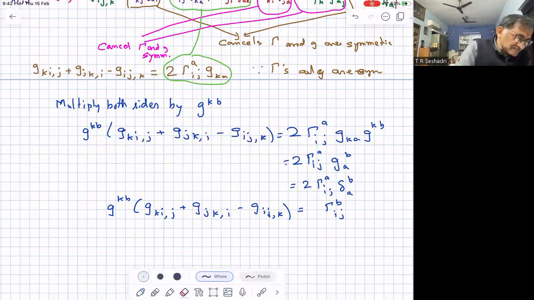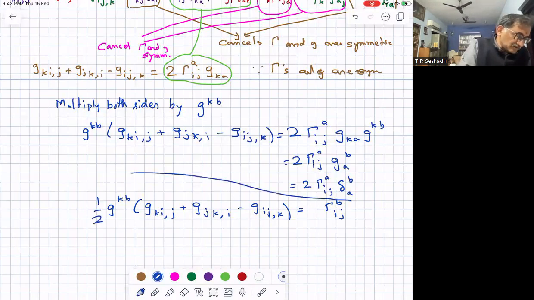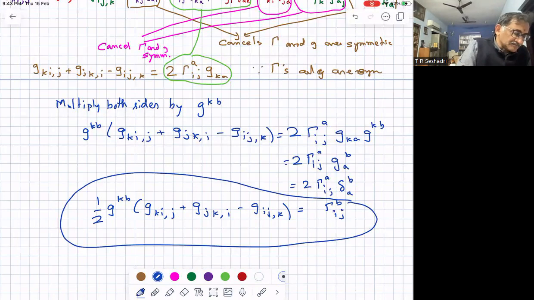And I will just take this half and I'll go here. I have now got a formal expression for Gamma in terms of the metric tensor. Is it okay? Yes. Okay, so for the first time, now we have got this thing, which is important.